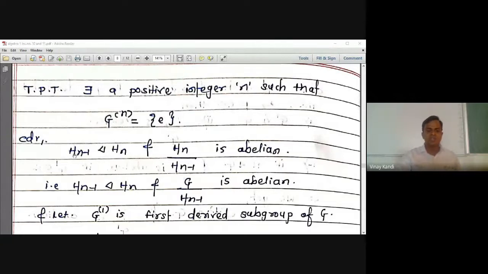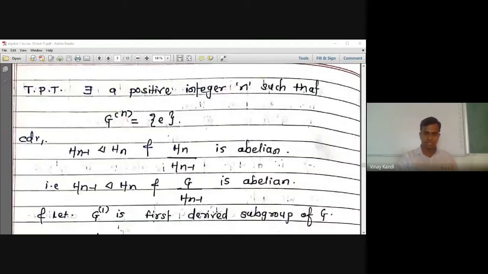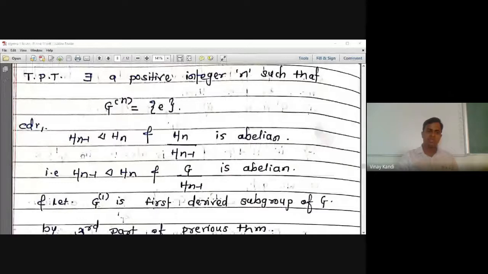Consider Hn minus 1 is normal in Hn and Hn upon Hn minus 1 is abelian. Here we have assumed this sequence; Hn upon Hn minus 1 is an abelian factor and Hn minus 1 is normal in Hn. That is what was given.